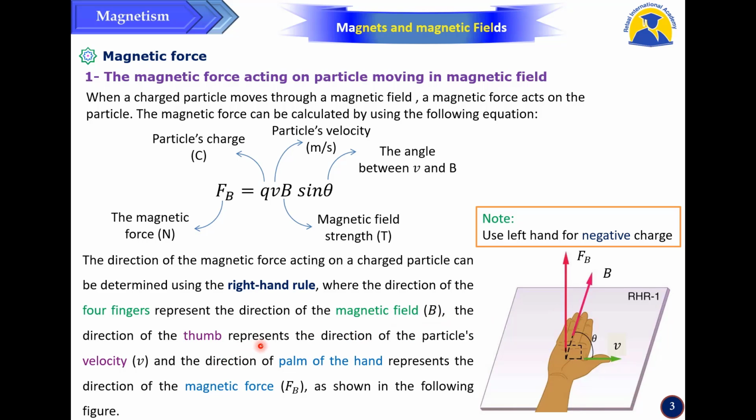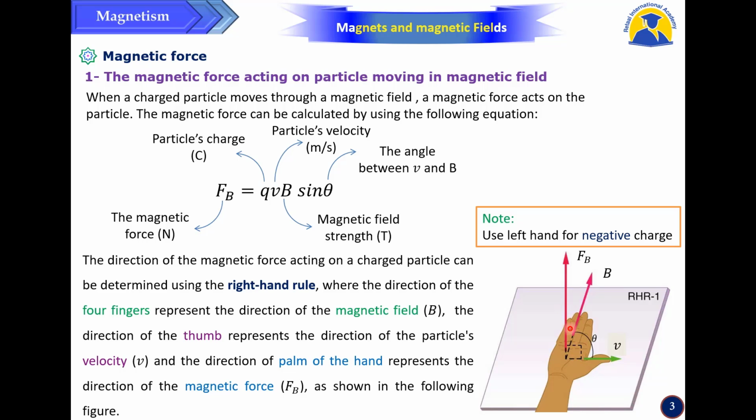The thumb represents the direction of the particle velocity, so the thumb will follow the particle velocity direction. Then the palm of the hand will show us the direction of the magnetic force. So here, the direction of the force will be perpendicular to the magnetic field, and also to the velocity.